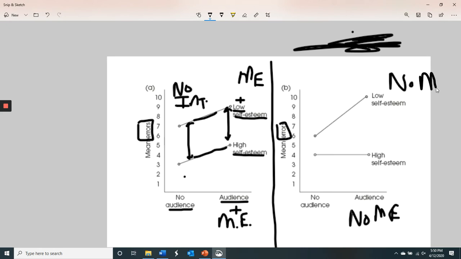There might be one if you have a large sample size, but I'm fairly sure it's no main effect. Then we can ask about interactions. Is the line parallel? No, it's not. The slope of the line is different. This slope is different than this slope. So there's probably an interaction.